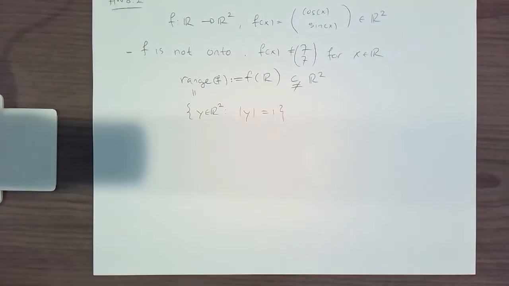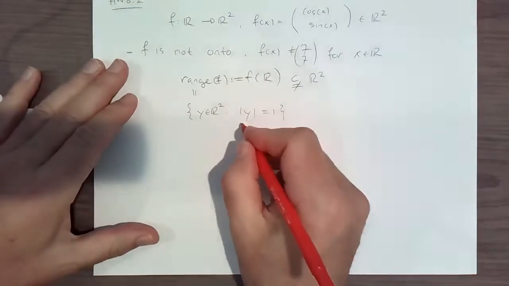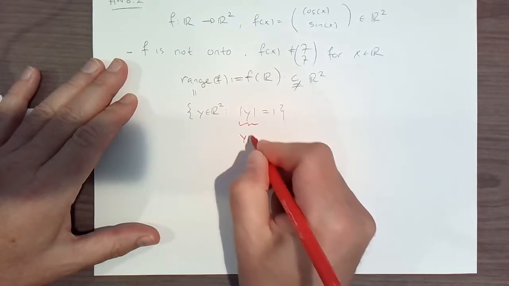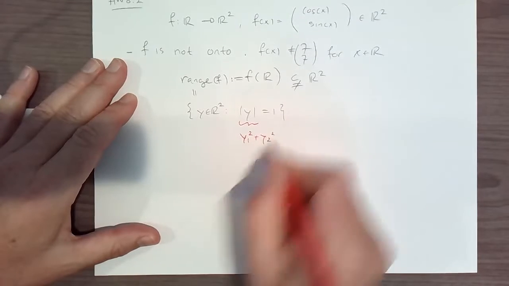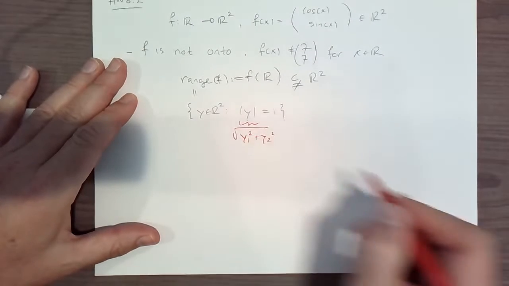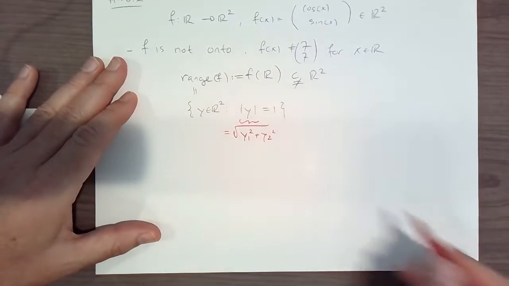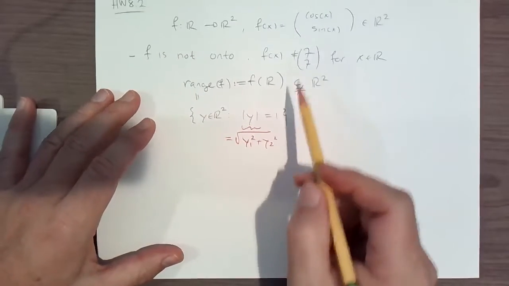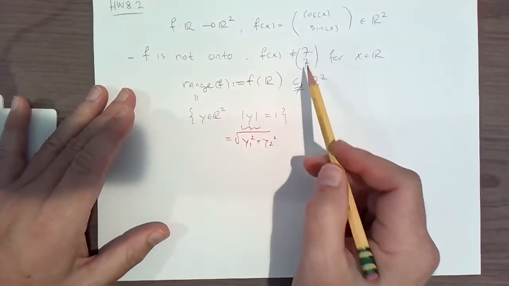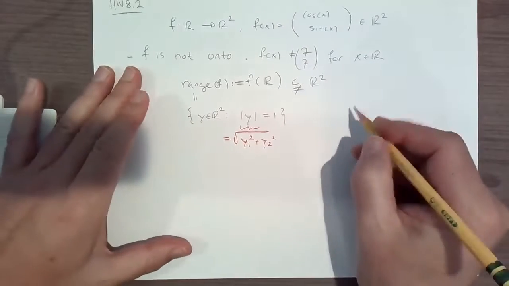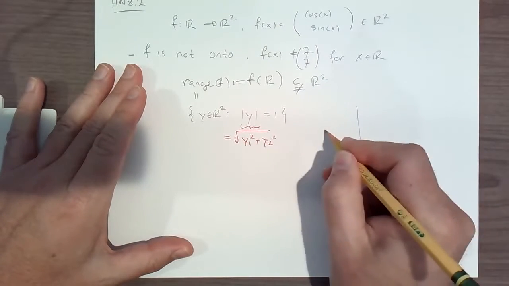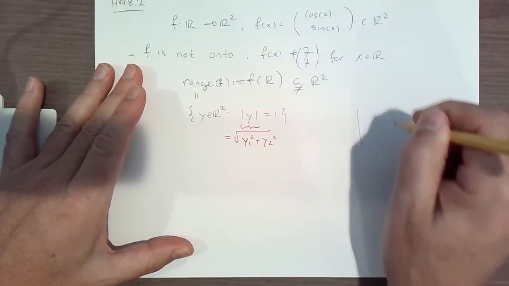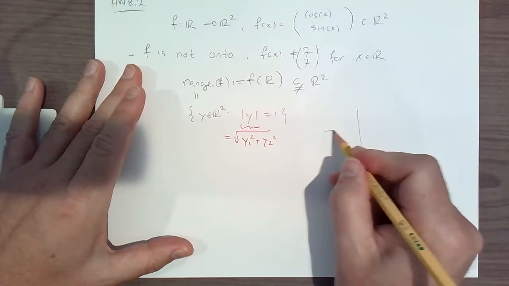But remember how we measure length in 2 dimensions: by taking the first coordinate squared, the second coordinate squared, and then you take the square root. So the range does not include a point like (7,7). It's the perimeter of the unit ball.